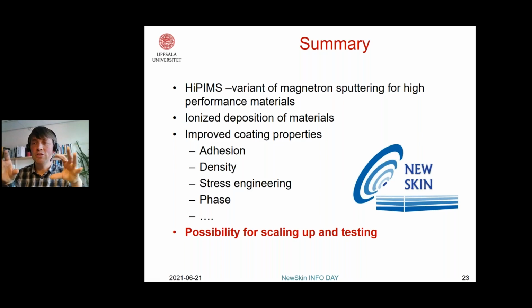This is in principle thanks to the use of ions in the growth or deposition of the materials. And this approach can be used to improve different coating properties: adhesion, increase density, control the stresses, tune the phase composition. And now we have a chance for scaling up and also testing in collaboration with other partners.